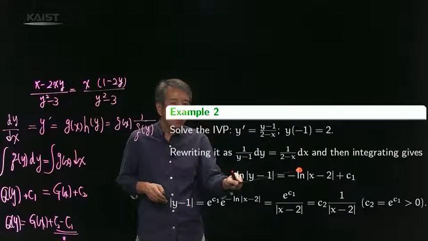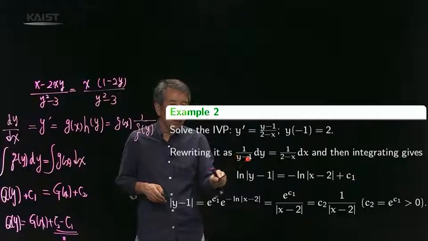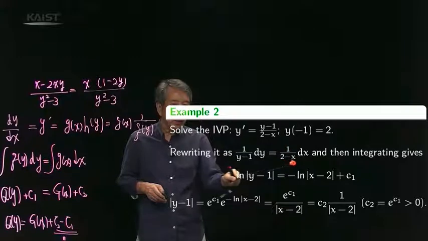Integrating both sides, from the left hand side, the antiderivative of 1 over y minus 1 is log of the absolute value of y minus 1. Likewise, the antiderivative of 1 over 2 minus x is negative log absolute value of x minus 2.